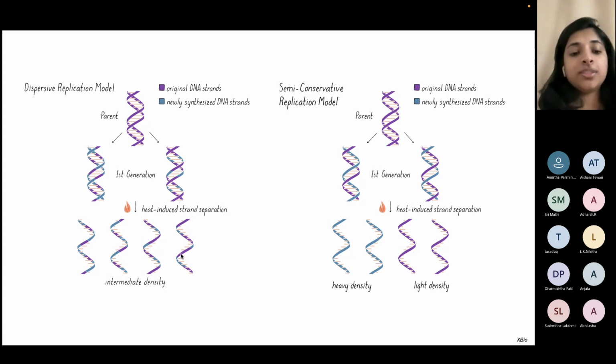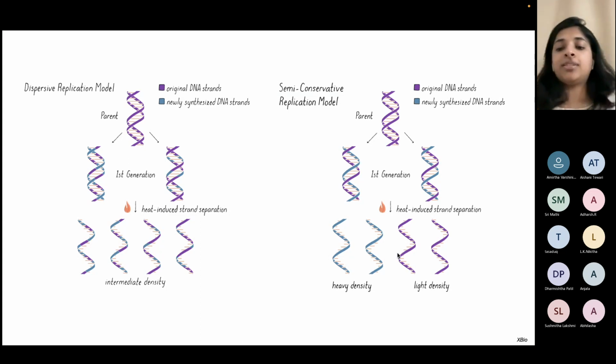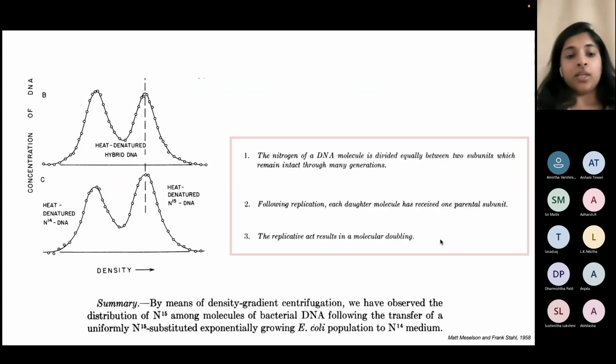In the dispersive model, all of these bands should have equal heavy and equal light, causing all of them to show up at intermediate density. However, in the semi-conservative model, there is again heavy density and light density, because of which there will again be the formation of the two bands we saw, corresponding to heavy and light.